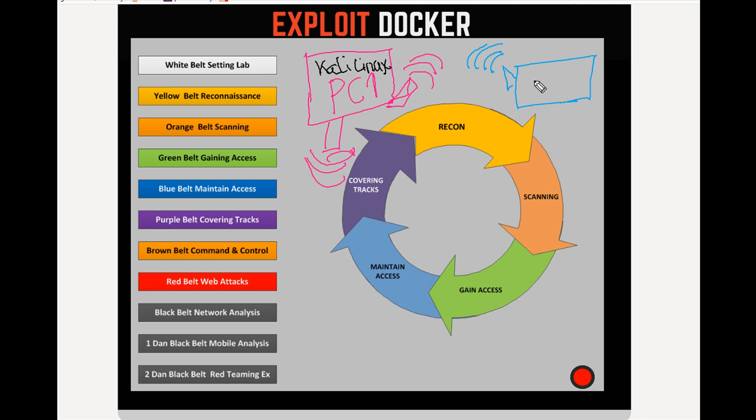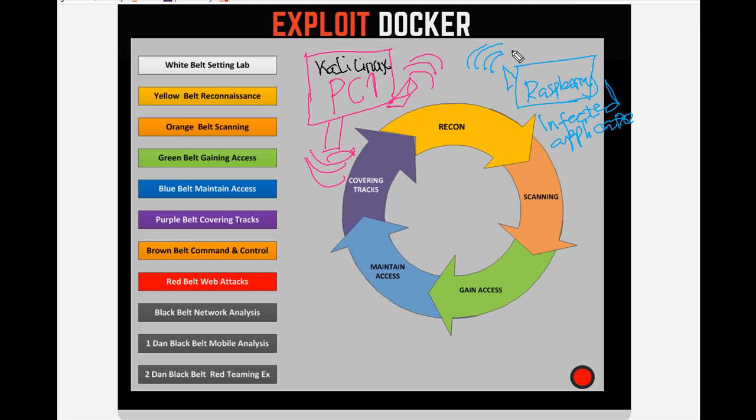This Raspberry Pi will have all the infected applications which we are going to use. So all you need for this course are these two things: your PC with Kali Linux installed, and the Raspberry Pi on which we are going to install the operating system.